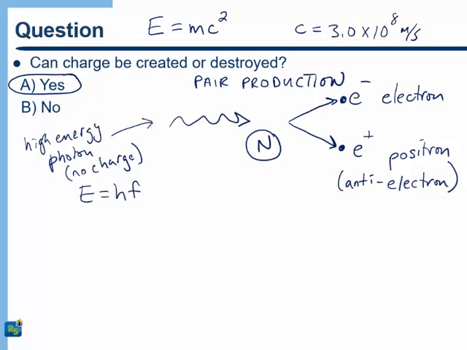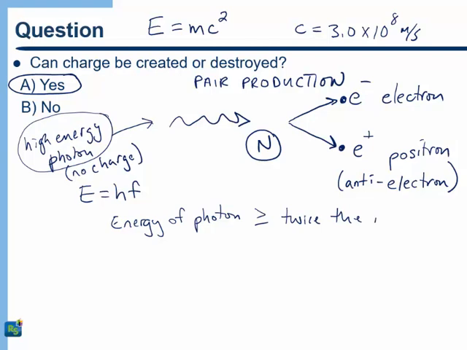Now we can actually use this to see why it has to be a high energy photon that is required for pair production. Because if you think about it, the energy of the photon has to be greater than or equal to twice the mass energy of an electron.